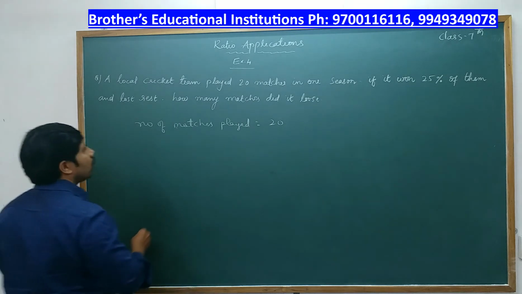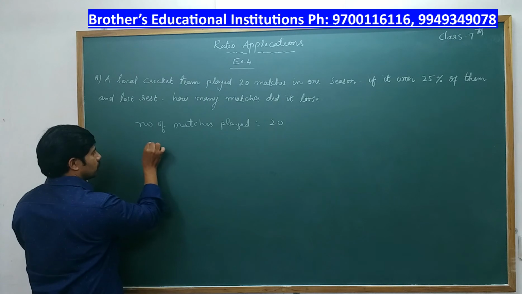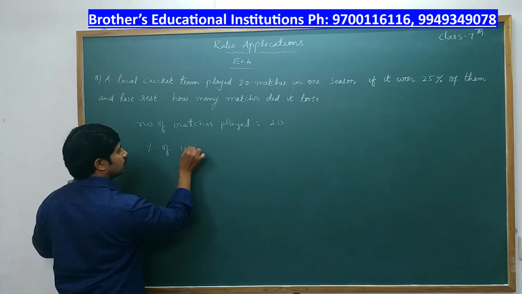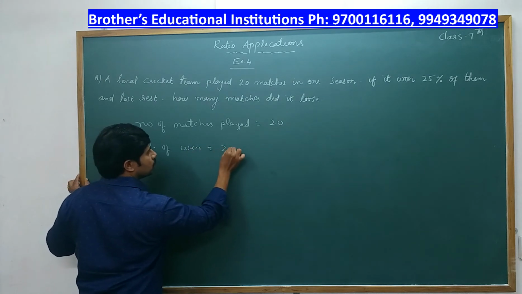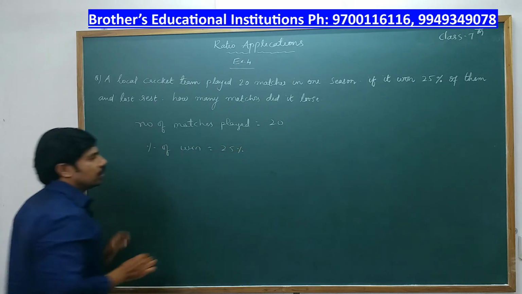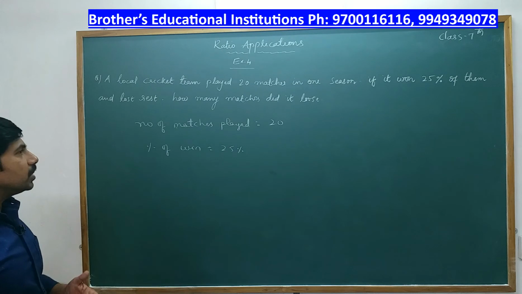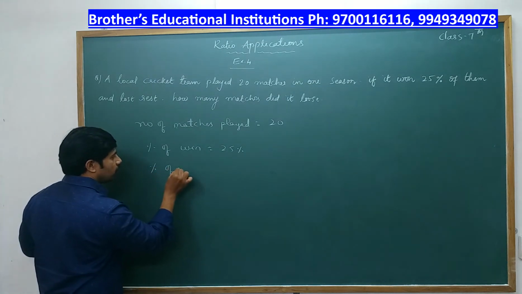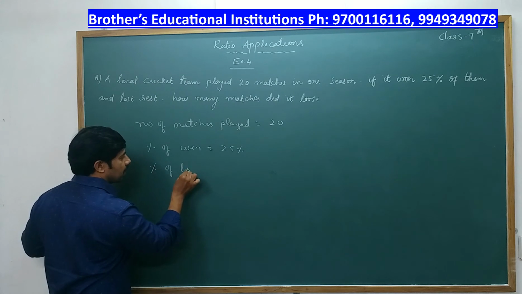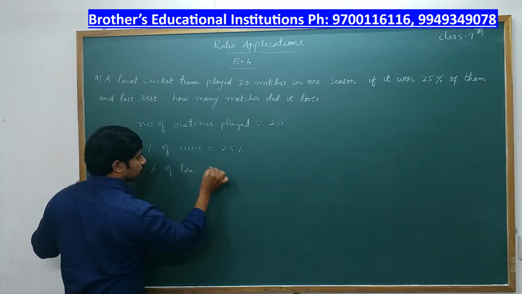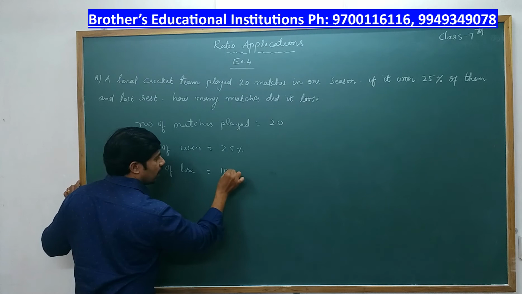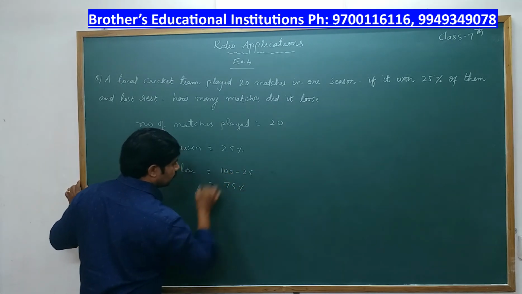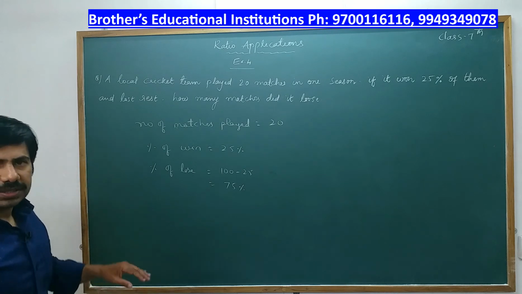So the percentage of wins is 25%. Now we'll find out the percentage of the matches lost. It is just 100 minus 25, you will get 75%. So 75% of the matches they lost.